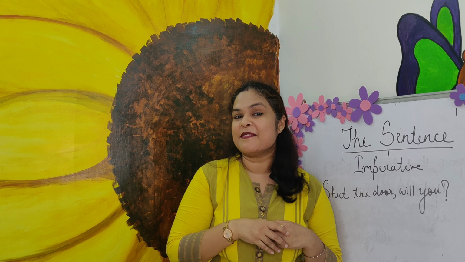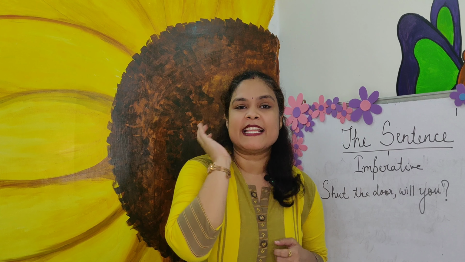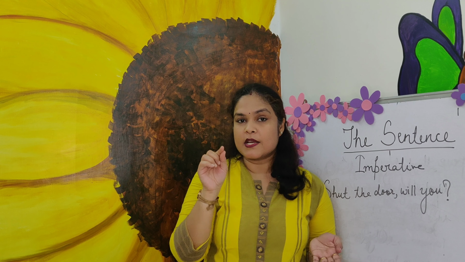I put a full stop. So tell me, this is a declarative sentence. Am I happy doing the class? This is a question that I am asking you. There's a question mark, so this is an interrogative sentence. And if somebody tells me, go and do the class, it's an order which is being given to me, so this is an imperative sentence. Please remember that. It will become very easy.